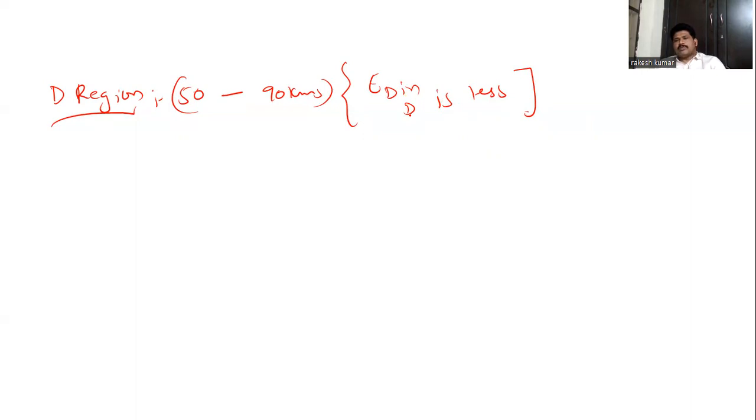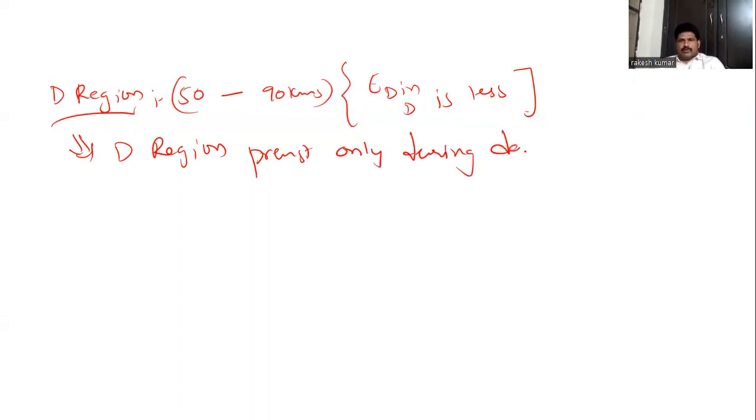A very important thing you want to remember: the D region, or D layer, is present only during daytime. During night time it vanishes.